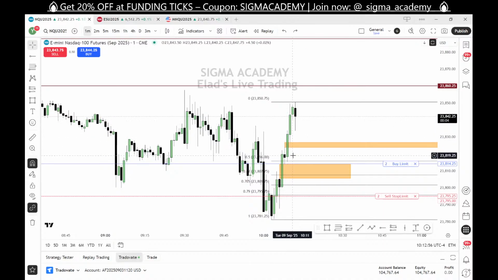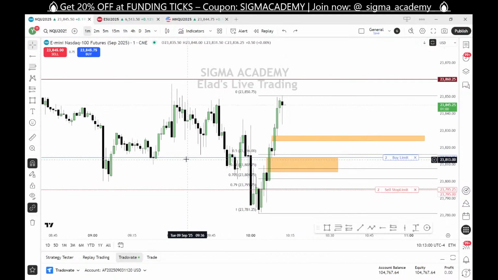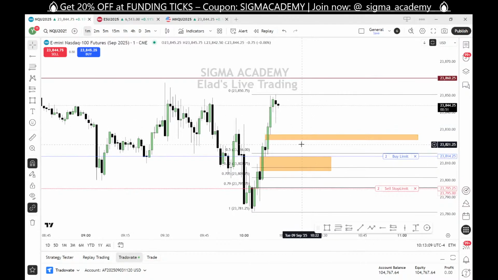But because it already ran away from me, didn't have any chance to go in, it may go to a discount level. Maybe this down candle, maybe this fair value gap, maybe this one will be breakaway gap and we should enter right here.